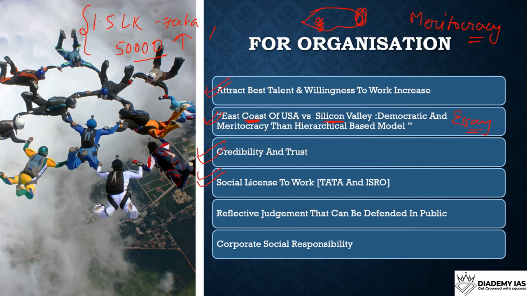So if they take out some product, Tata's things will be trusted more, right? And Tata's keep innovating also, like Nano. Now they're doing electric vehicles. Also, if the organization is following ethics, the consequence will be that their judgments can be defended in public, because we trust them. What is ethics?